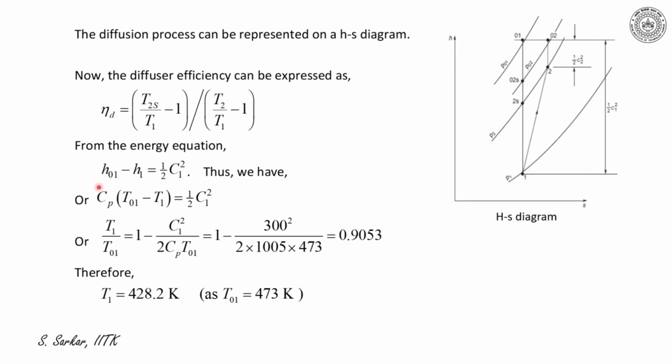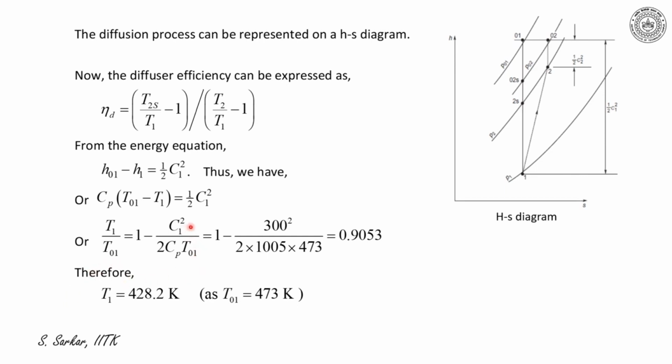From the energy equation, I can write H01 minus H1 is equal to C1 squared by 2, thereby Cp into T01 minus T1 is equal to C1 squared by 2, and hence T1 by T01 is equal to 1 minus C1 squared divided by 2 Cp into T01.